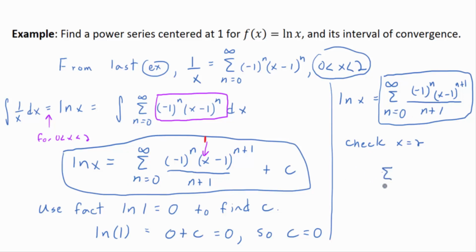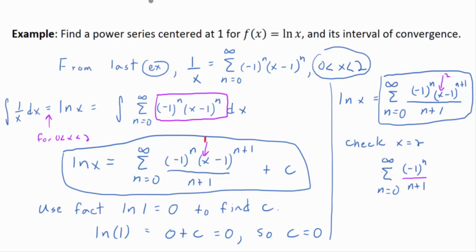We get the sum, that stays the same. (-1)^n stays the same. Oh, I'm plugging in right here. So what do I get in parentheses right there when I plug in 2? 1 to the n plus 1, that's just 1, right? So I'm not even going to write that factor down. I get (-1)^n over n plus 1.